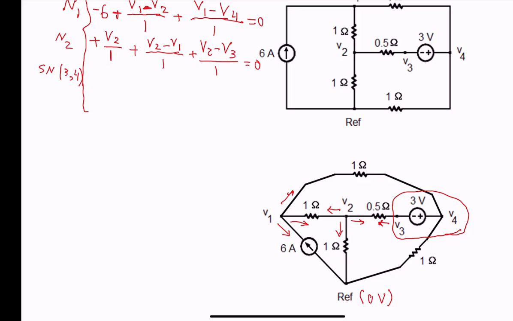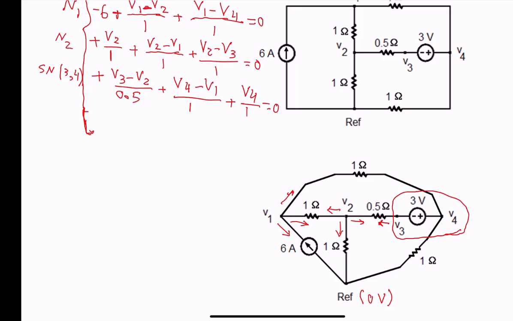So first term is V3 minus V2 divided by 0.5. And next on the top we have V4 minus V1 over 1, and finally V4 over 1 equal to 0.